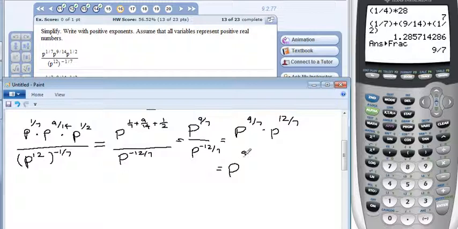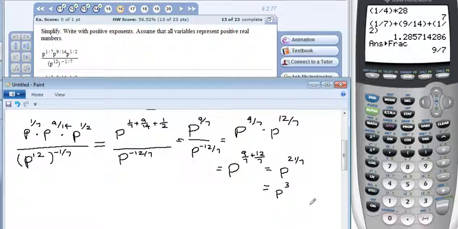Now we have 9/7 plus 12/7, right? Okay, because now I have multiplication. And what do I have? 21/7, right? 9/7 and 12/7 is 21/7, which is P cubed.